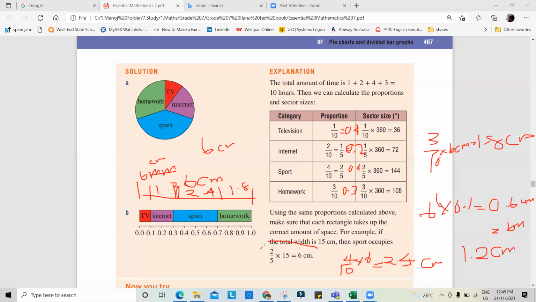And this is very important: based on the graph you want to represent in your book, you should select a number, use the fraction and multiply by that number, and you get the length you should plot. That is called a divided bar graph. Okay, now it is time for you to do more homework, and we will see you next session.